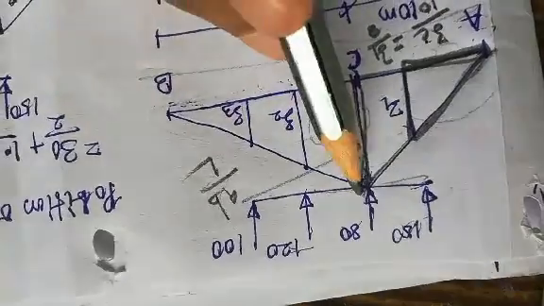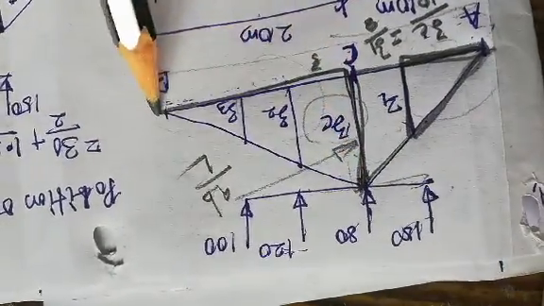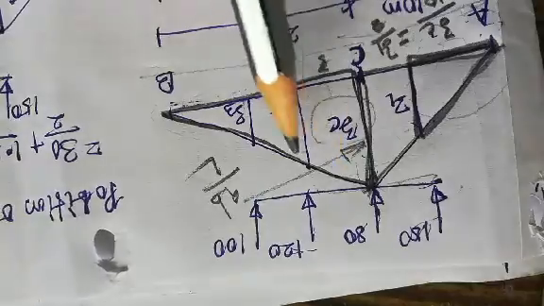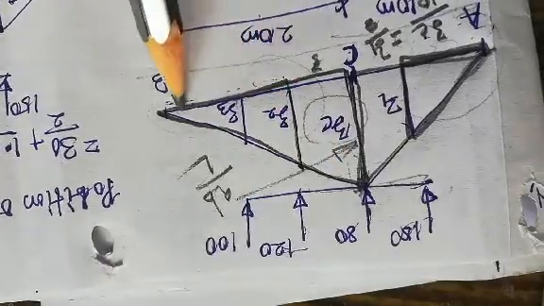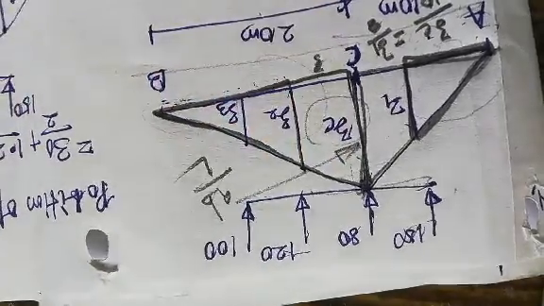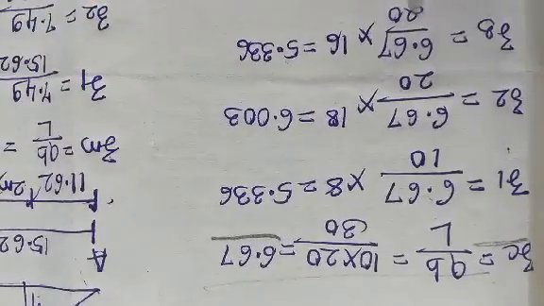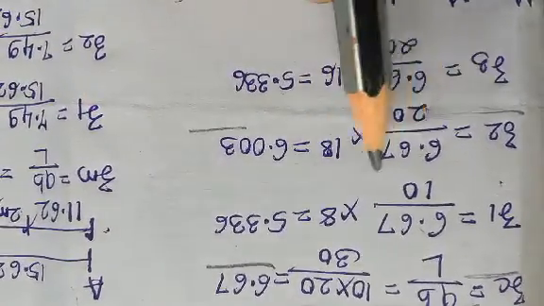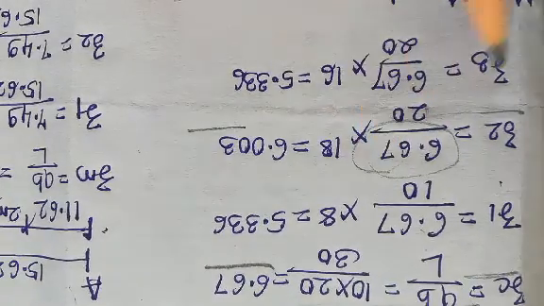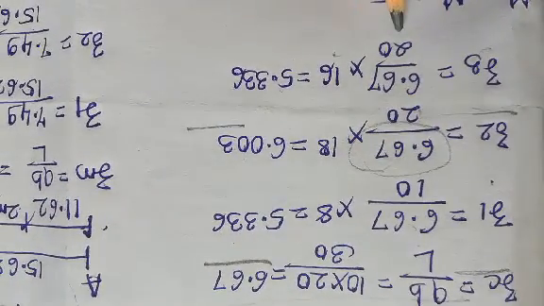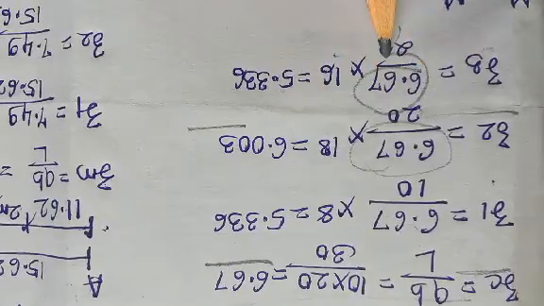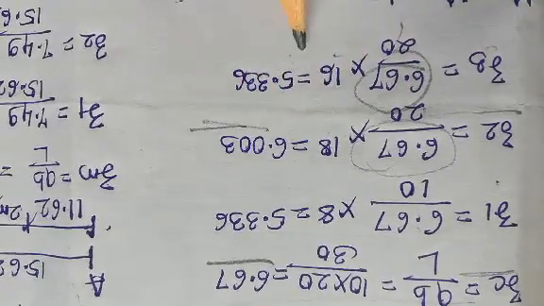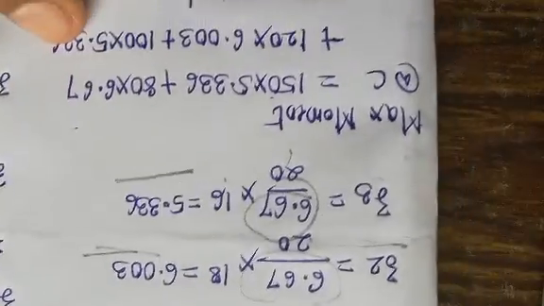Similarly for Z2, I have to consider this triangle. This will be my larger triangle, and this ordinate of Z2 will be my smaller triangle. Z2 I have calculated as 18 divided by 20 into the value of ZC. Z3 is 16 divided by 20 into the value of ZC. So I have got the respective values.